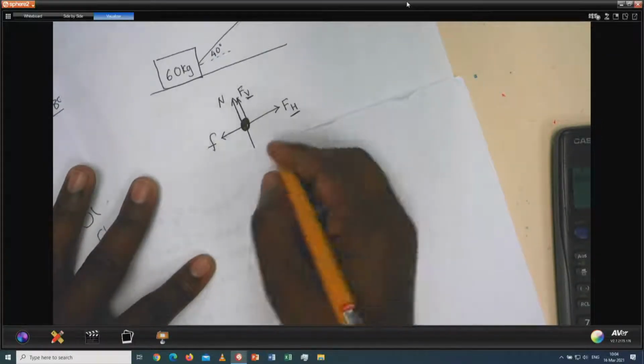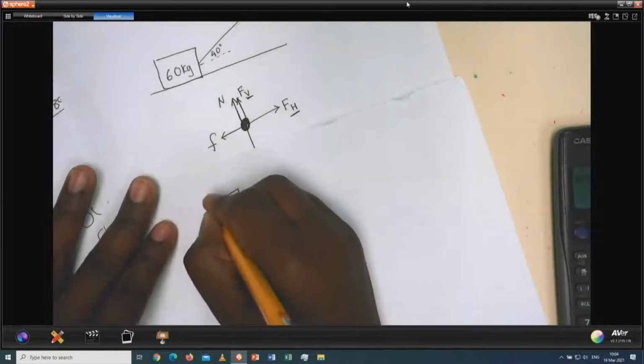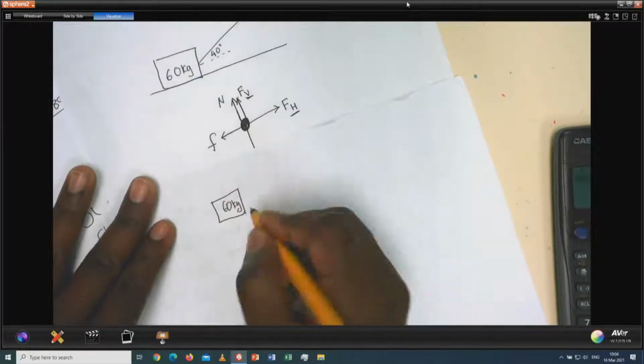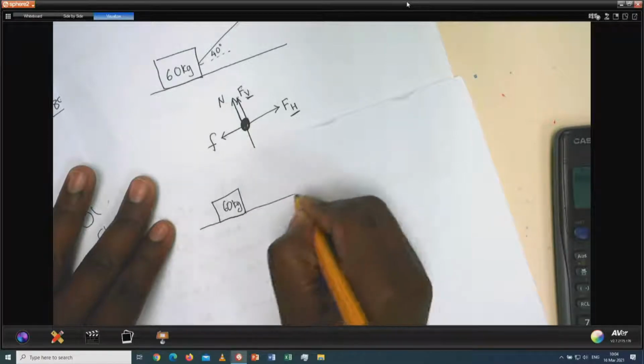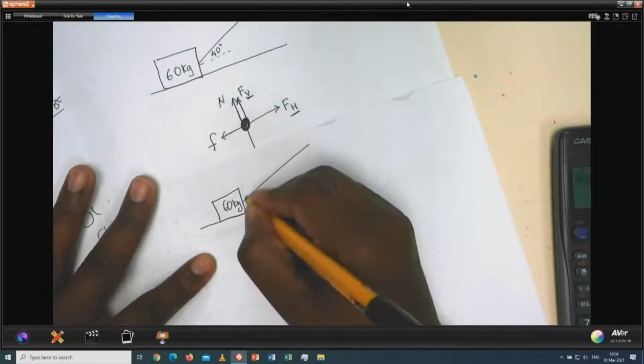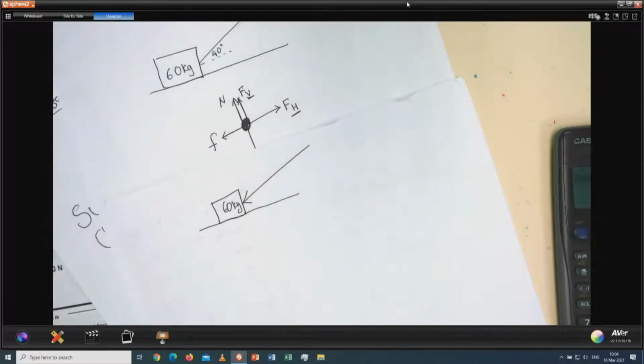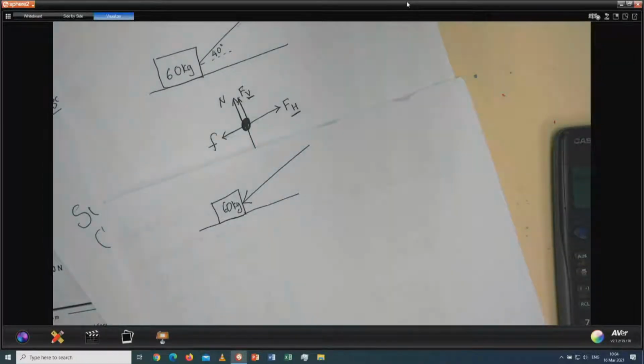Same object, 60 kg. But now, instead of being pulled, remember we said a force is a push or a pull. So a force can push and a force can pull.